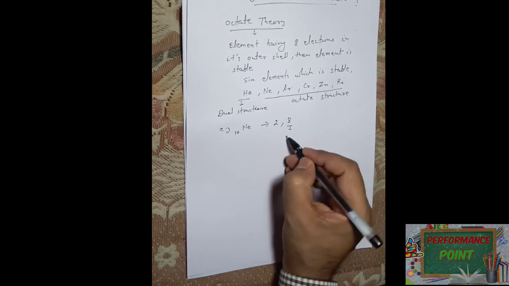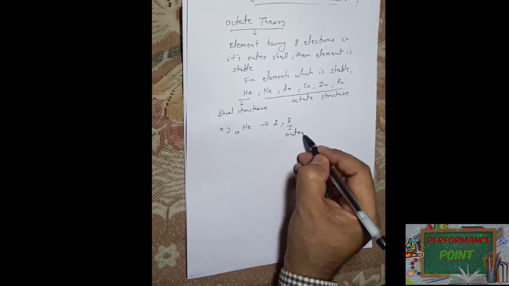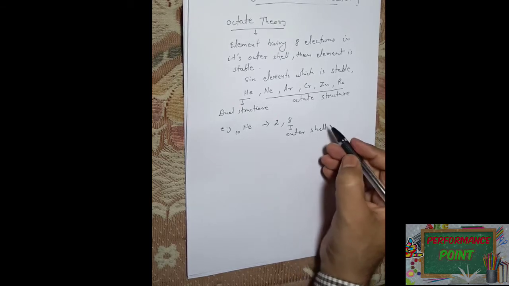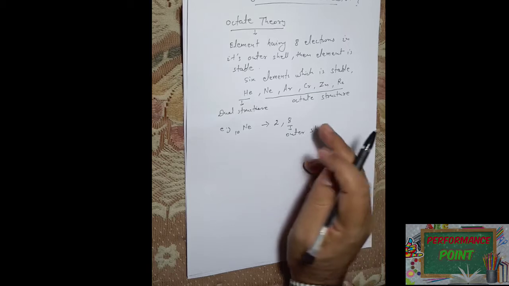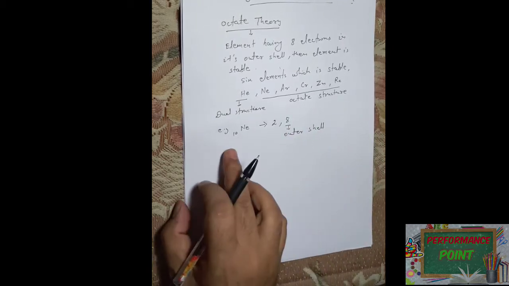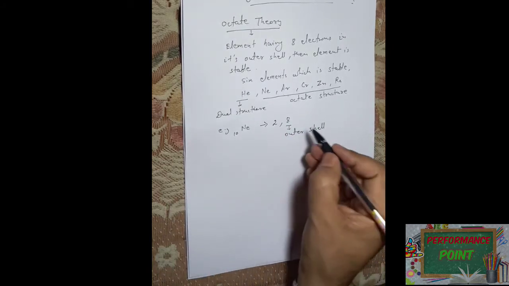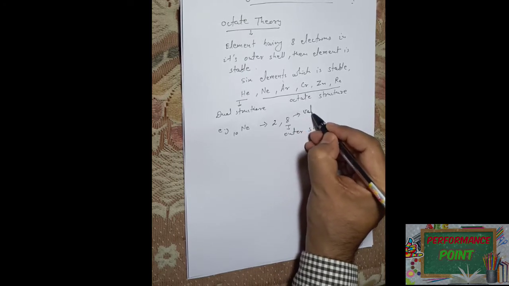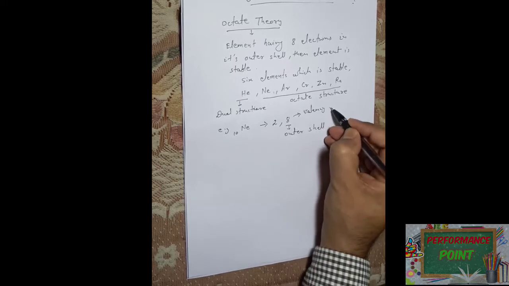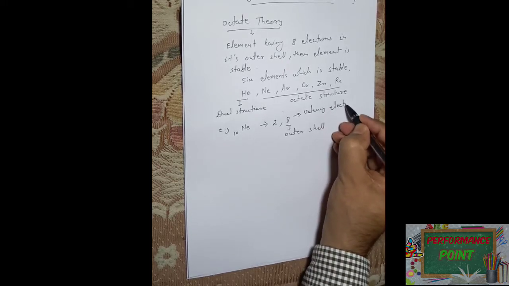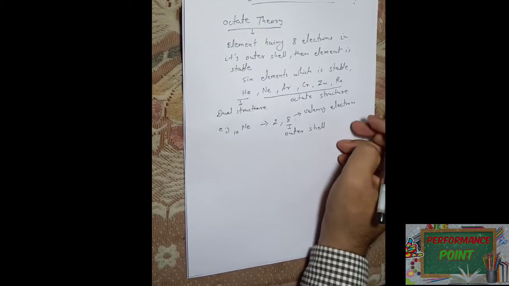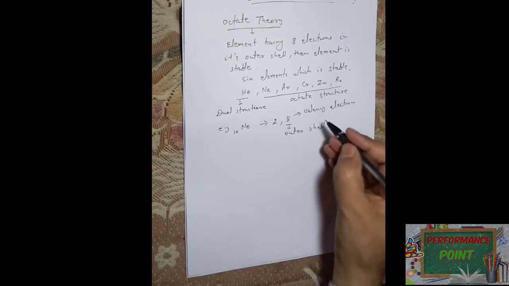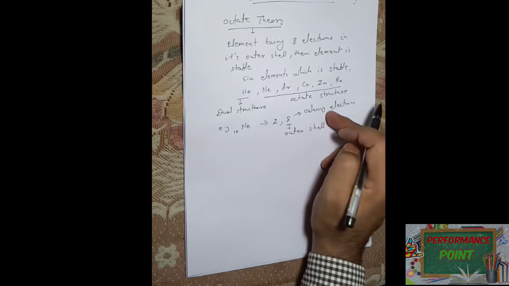Okay, so this is the outer shell, so we can say valence electron, not valency electron. This is also called valence electron. There is a difference between valence electron and valency. Valence electron is the electron present in the outer shell.